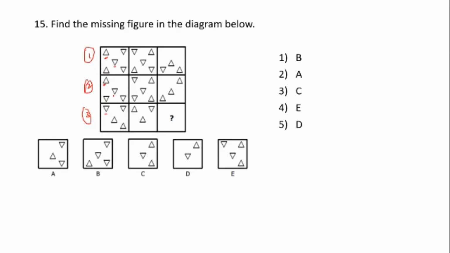Then you can see this and this are facing the same direction, so the result is facing different direction. If the triangles are facing different direction, then it becomes empty. But if the first one has it, the second one does not, then it just follows. Then this and this are facing the same direction, this becomes the opposite.